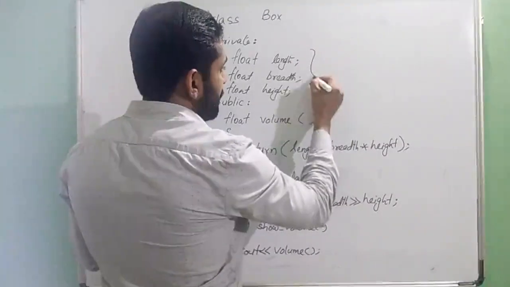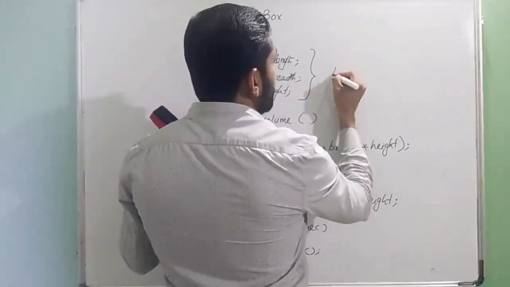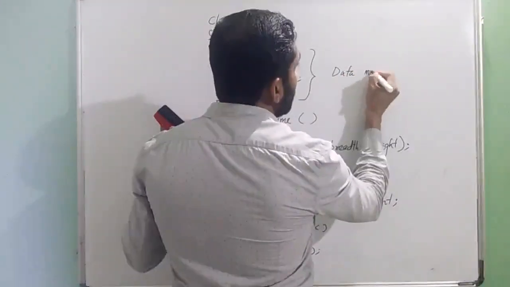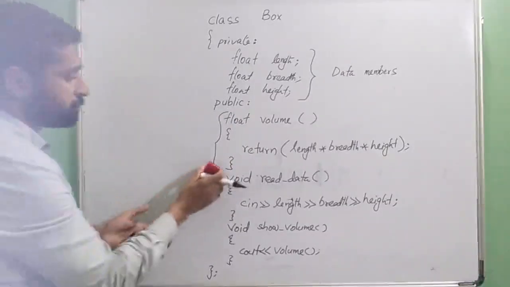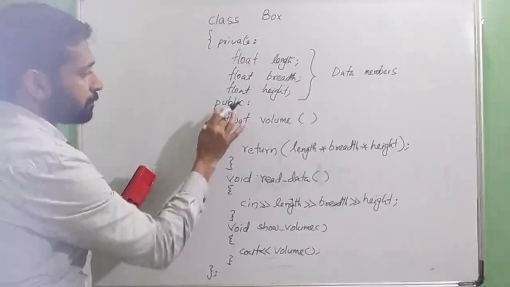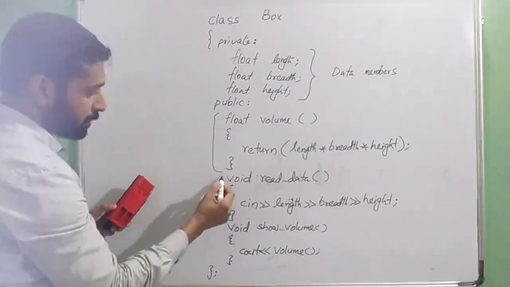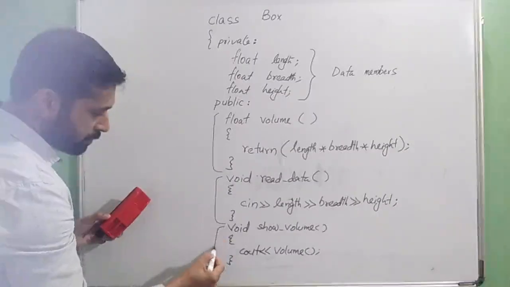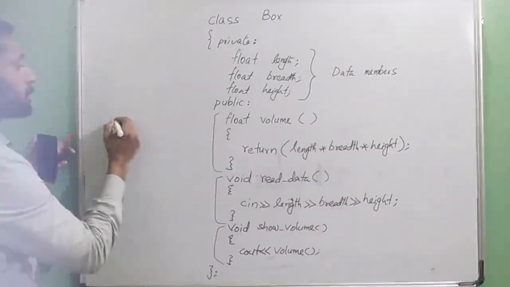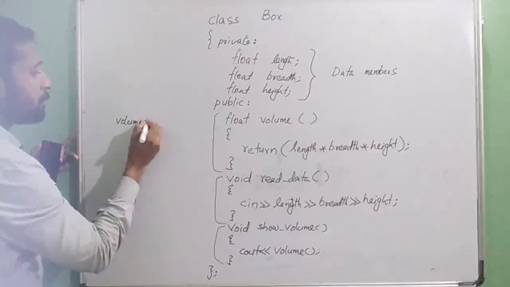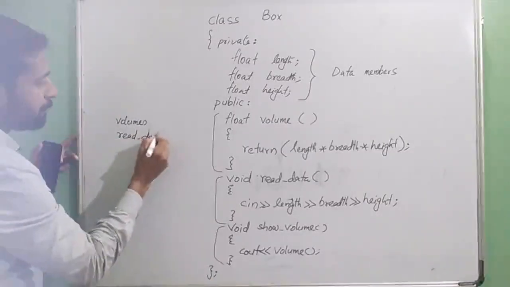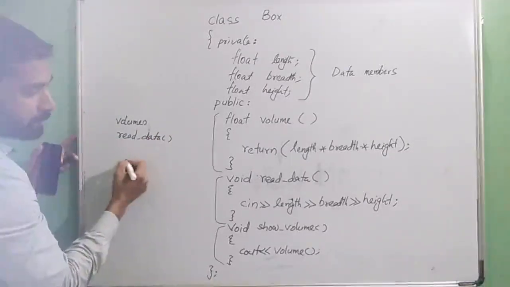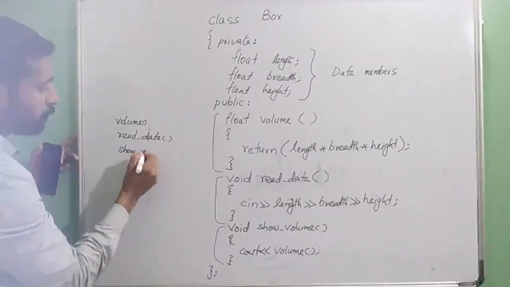These are called data members. This one, this one, and this one. That is the volume, read data, and show volume.